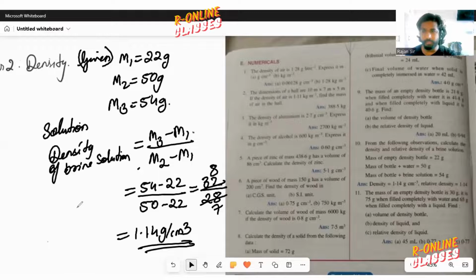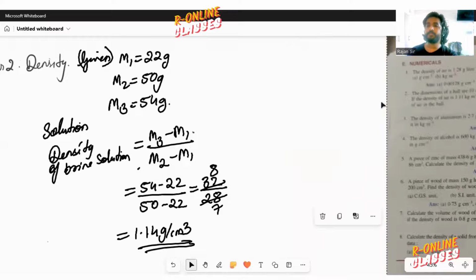Now, if they ask you the relative density, just take out the same. We have the relative density, you have the same formula. So RD of brine solution would be the same number, the same thing, same density.